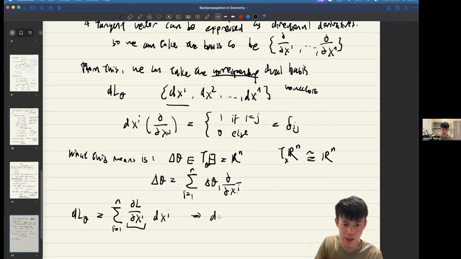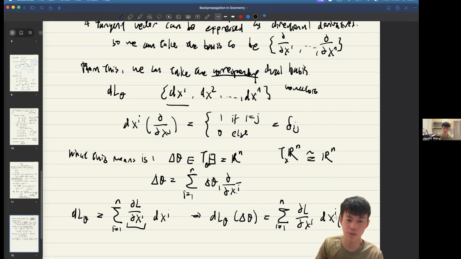And dL theta, when you give it the input d theta, this will give you partial L partial xi dxi evaluated on d theta, right? But dxi only cares about its corresponding basis. It only cares about partial xi.